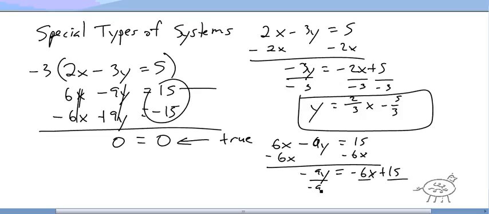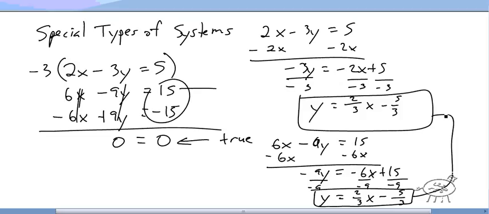Divide by negative 9. So y equals, if I reduce that, I get positive 2/3 x. And I reduce that, 3 goes into each of those, into 15 five times and into 9 three times, so minus 5/3. So here's my second equation. And if you notice, they're the same equation.